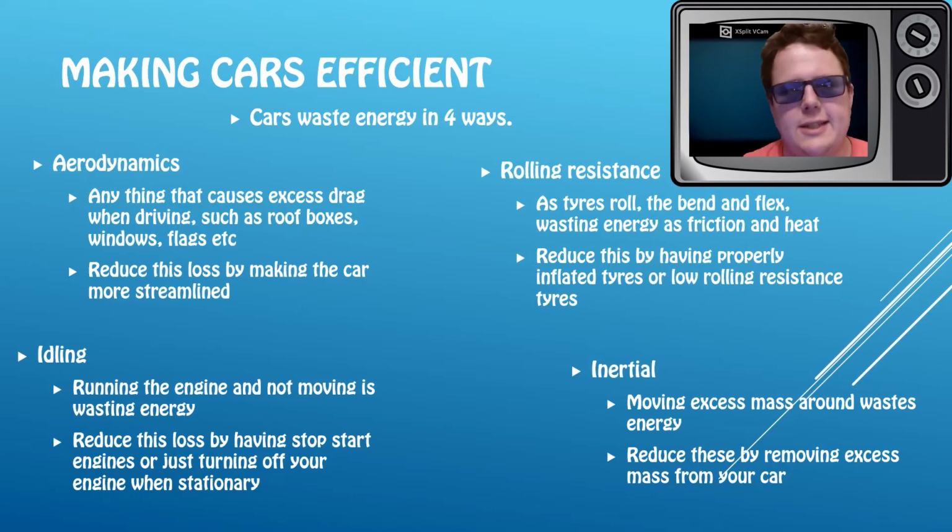This wastes energy. So if you can reduce this, then you reduce energy losses. If you have tyres that are narrower, they don't bend or flex as much, then you have lower rolling resistance. Idling losses. This is where, if your engine's running and you're going nowhere, it's just wasting energy. So if you have start-stop technologies, that reduces idling losses.